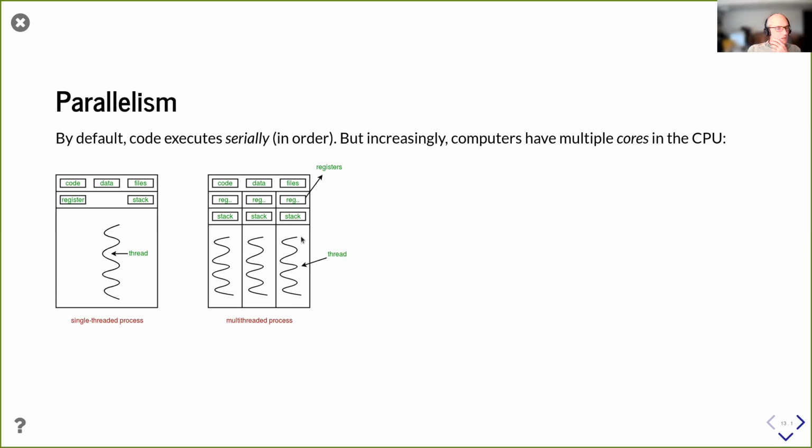This is a model called multi-threading. There are other variants of the same thing that include GPU computing and distributed computing that are essentially analogous to this, but just with different architecture.